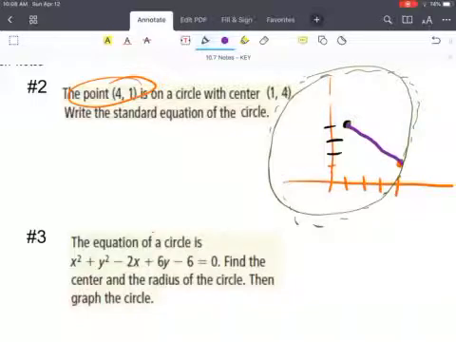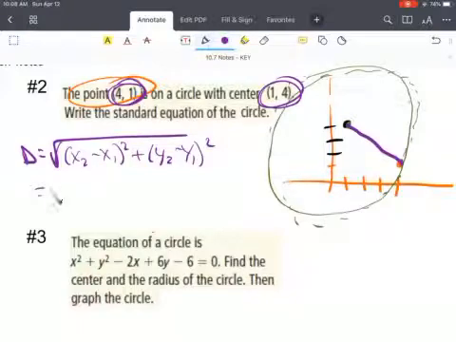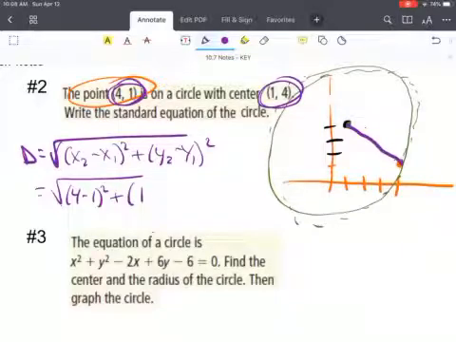So the distance between these 2 points is going to be the radius, and we've already done the distance formula. So plugging in the distance formula, my x value is 4 minus 1 squared, plus the difference of my y value is 1 minus 4 squared.